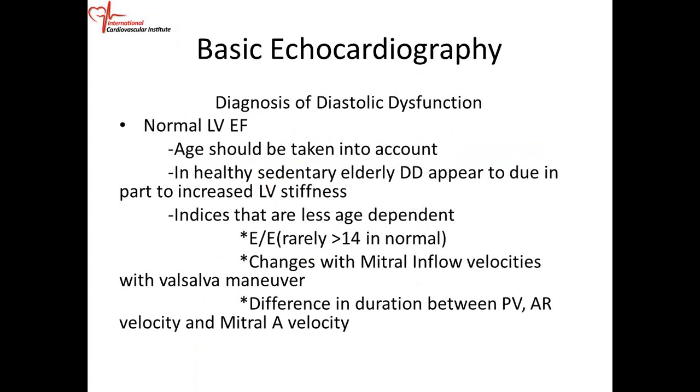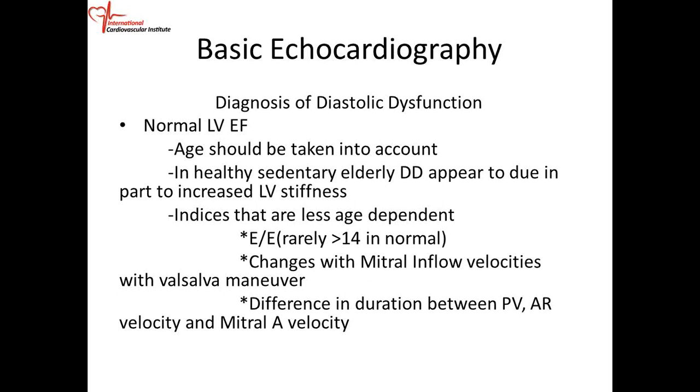So all you have to do is grade it. However, if the patient has a normal ejection fraction, you have to take age into account. The age of the individual is important, because as one gets older, the LV gets stiffer. Okay? As one ages, the LV gets stiffer.